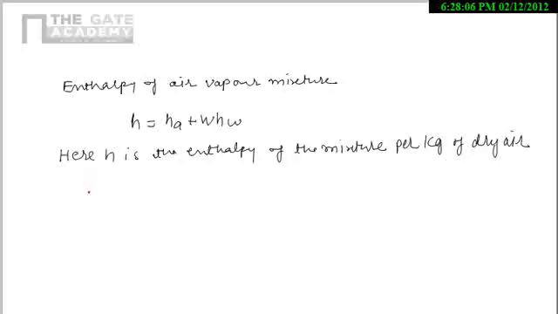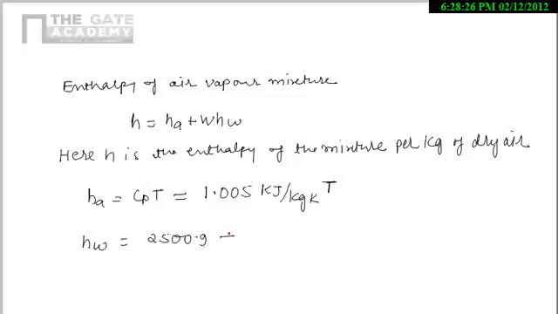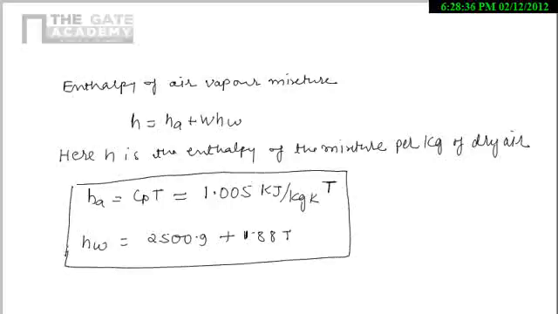For HA we can write CPT equals 1.005 kilojoule per kg Kelvin multiplied with temperature. For HW I can write 2500.9 plus 1.88 T.